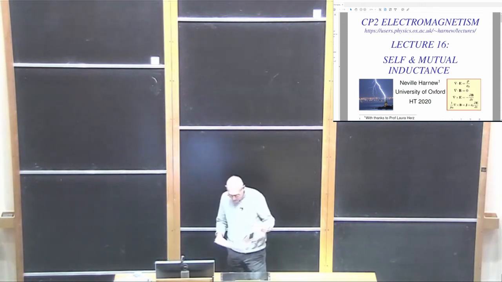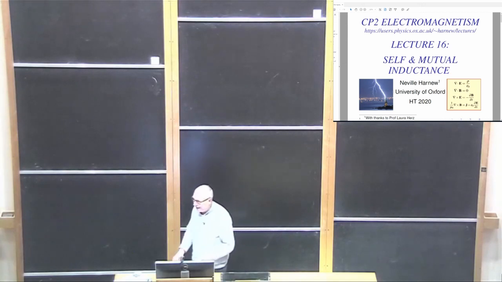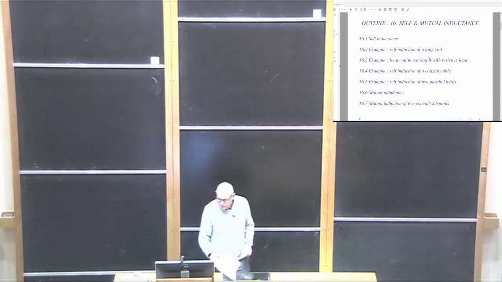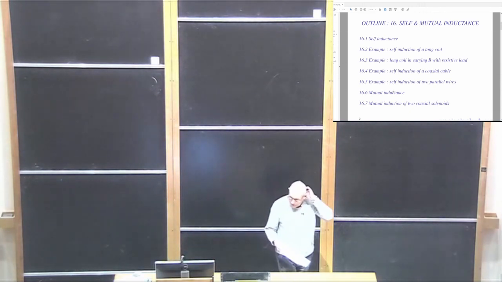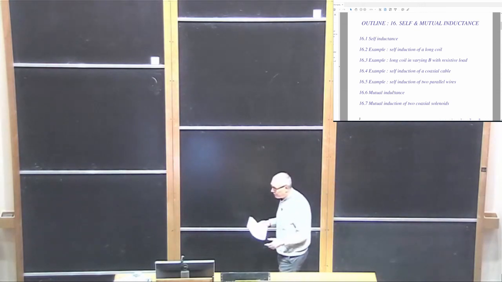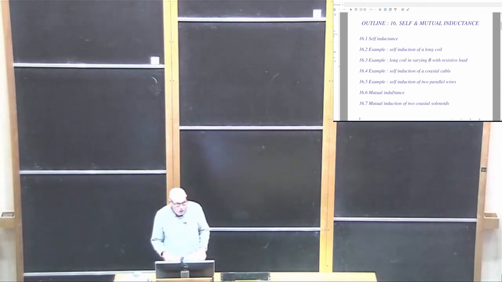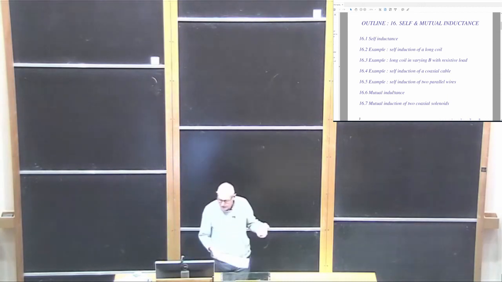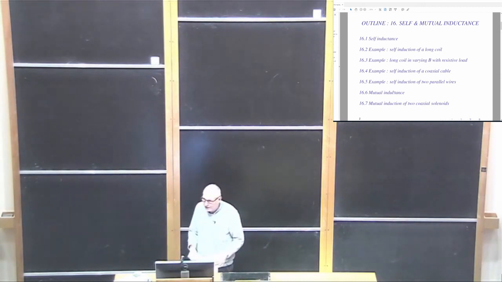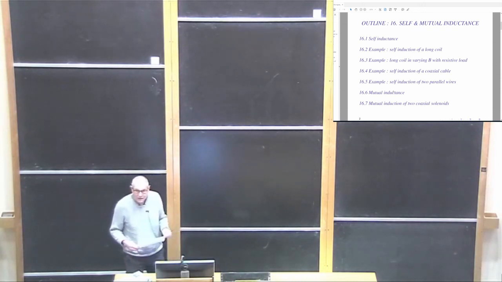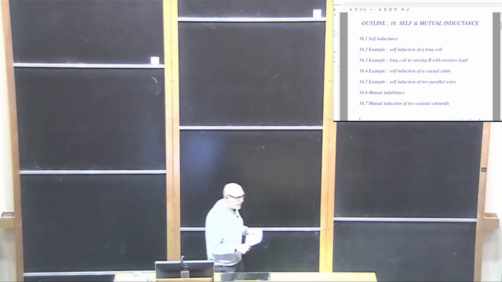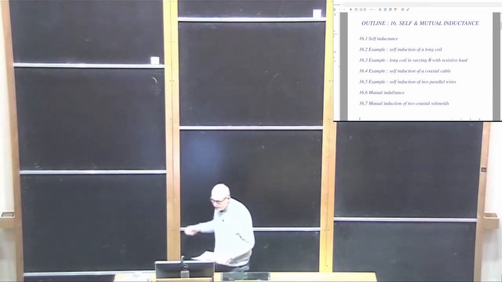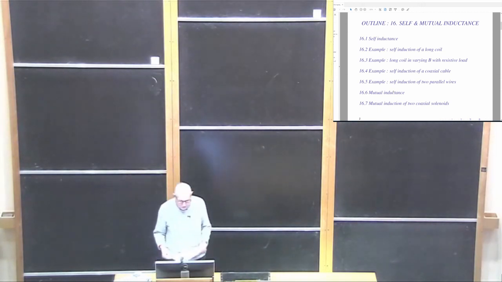Just to remind you where I got to in the last lecture, I'd started on magnetic induction, and I went on to self-induction of a current loop and subsequently a coil, explaining that if you have a changing flux in a circuit, then that will induce an EMF, which then induces a current back in the loop and opposes the current that first caused it.